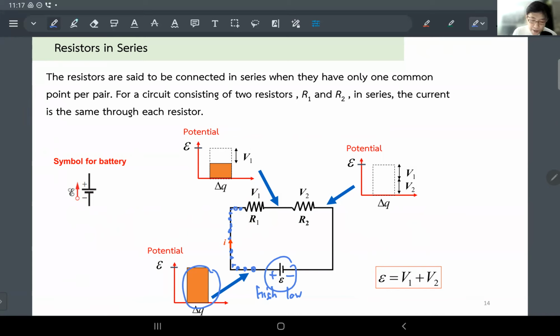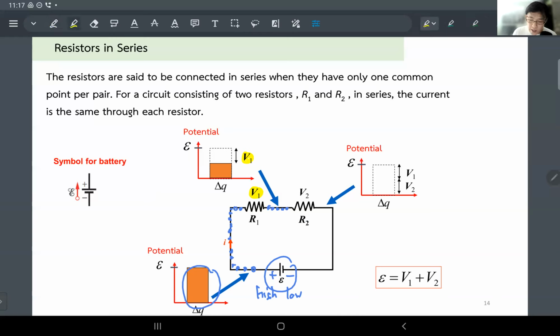How much? It depends on the potential across that portion of your resistor. Let me call it V1. So the energy that you came in with gets dissipated by V1. And if you keep going, just walking, now you hit another resistor having the resistance R2.